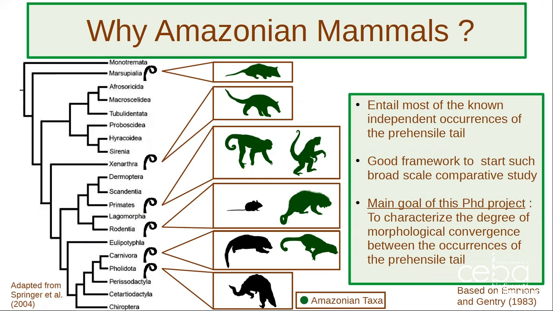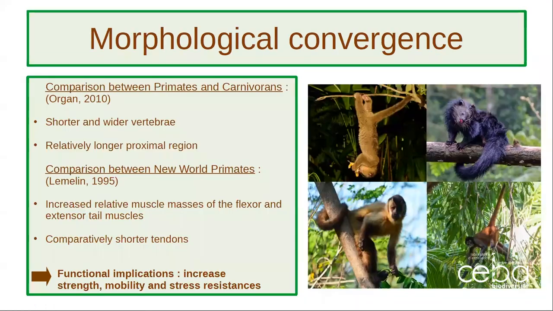And speaking of independent appearances, it quickly leads to the concept of convergent evolution. In the case of my PhD, I mainly focus on morphological convergences that can be found between those taxa.